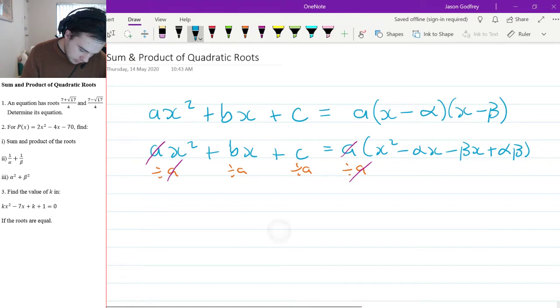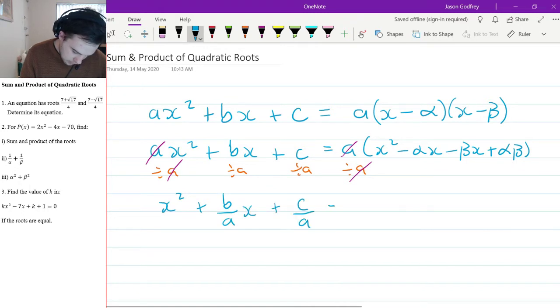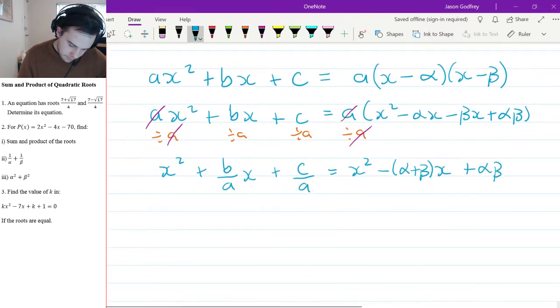So now on the left hand side we've got x squared plus b over a x plus c over a equals x squared, and then we've got minus alpha minus beta lots of x, so that's a common factor, minus of alpha plus beta, lots of x, and then plus alpha beta there.